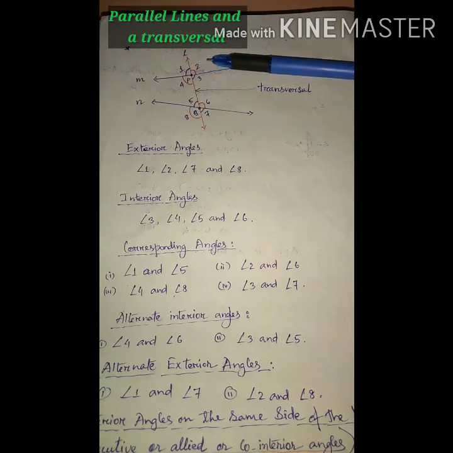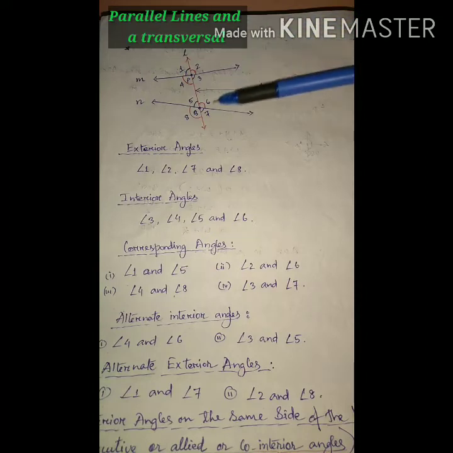If you consider these two lines, then one line passes through them, this red line, which we denote by L. And if a line passes through two non-parallel lines, then this line is known as a transversal. Is it clear? So it is not fixed that only two lines are required.